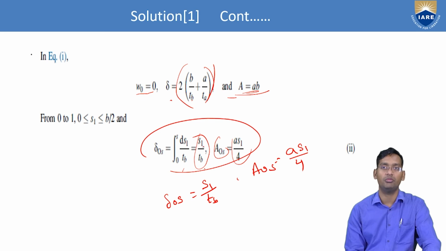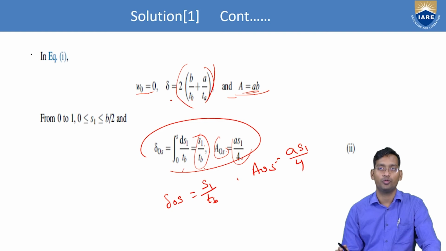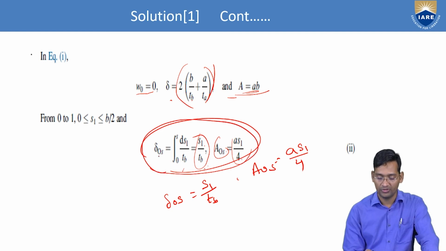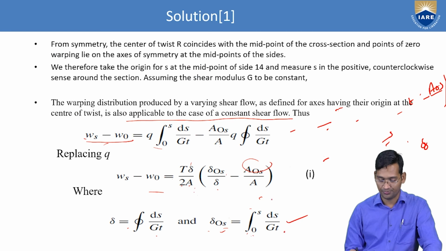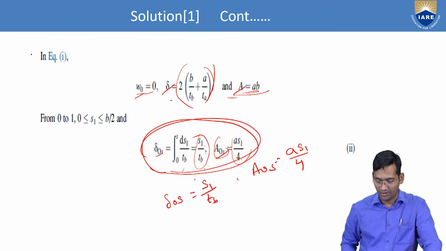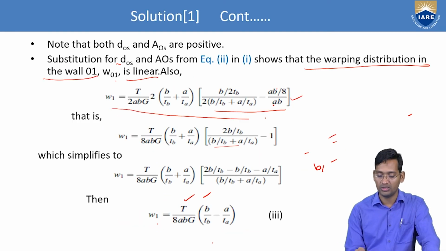After integrating, we get S1 by TB, and AOS is AS1 by 4. Just substitute delta OS, AOS, A, delta and W naught in equation 1. This W naught is 0, so it gets removed. For this, all the values are there. After substituting, we will get this value.